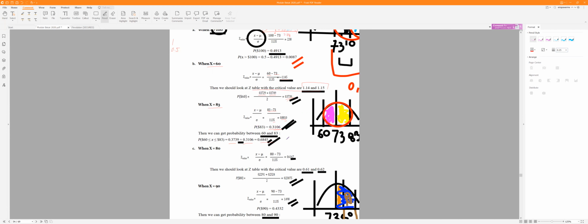Why do you sum it up? Here, I'll explain. Okay, so basically this is your previous graph. In the middle, you have the mean. If you remember correctly, the mean is 73, right? So 60 is in the left part of the mean. So this is 60. And 83 is in the, well, right part of the mean. So this is 83.